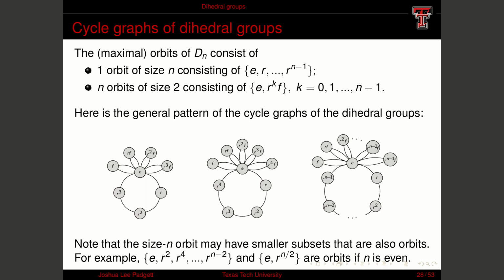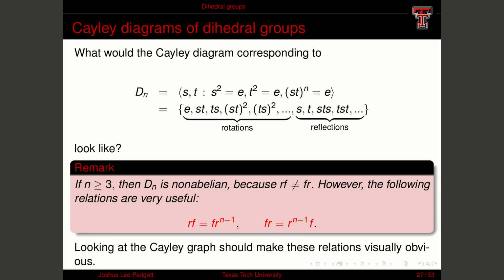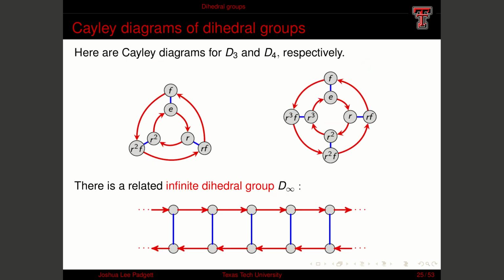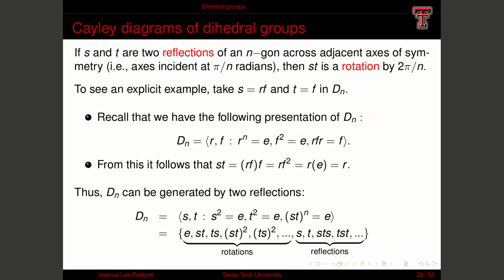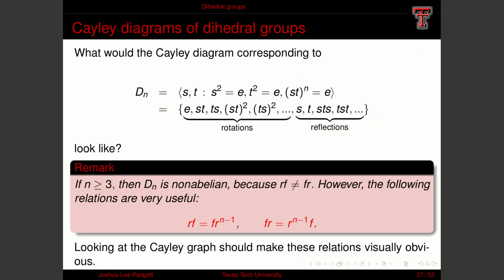All right. So, looking at Cayley graphs of D sub 3 should make this pretty obvious, right? We had some Cayley diagrams, so you can convince yourself of this fact. So what do we have? Well, with n being 4, this would mean that RF is equal to FR cubed. All right.